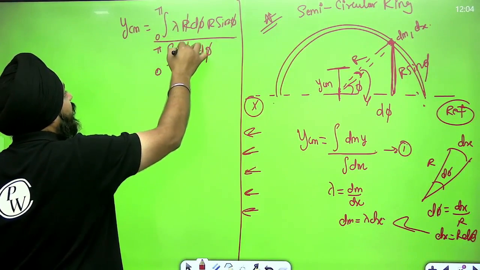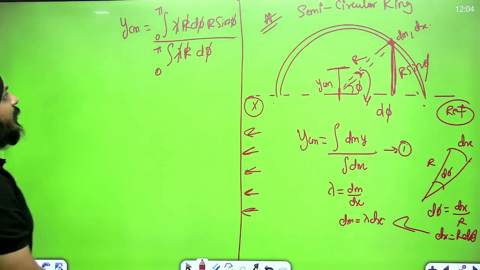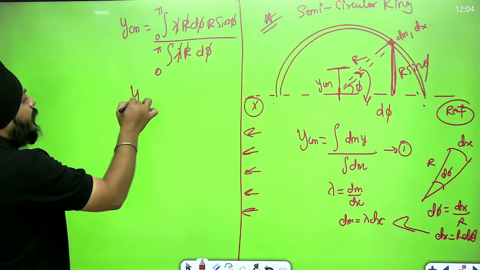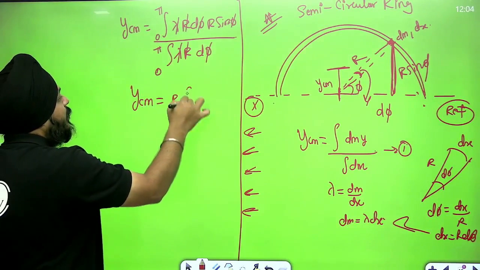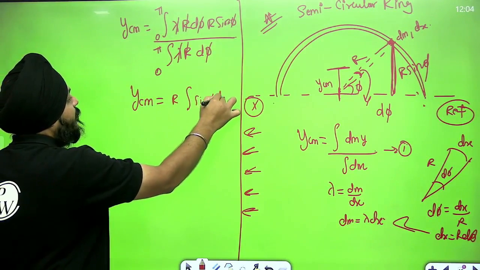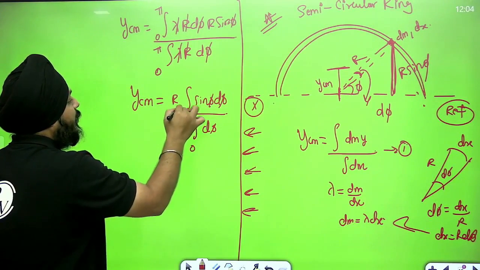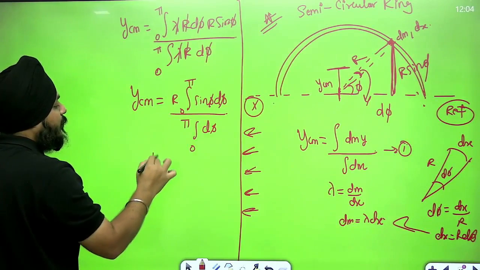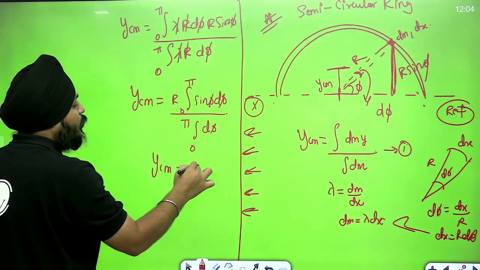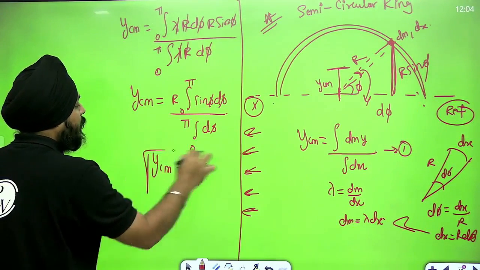One r is going to get cut, one lambda is going to get cut. So you get y center of mass is r, integration of sine phi d phi, whole divided by integration of d phi, limiting from 0 to pi. So this y center of mass is going to come as 2r by pi.